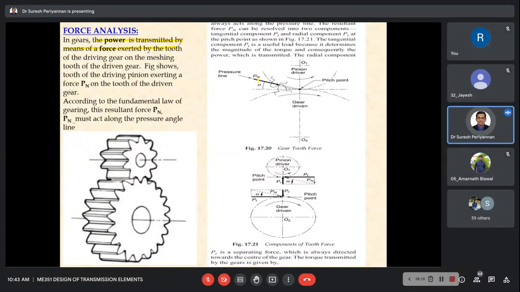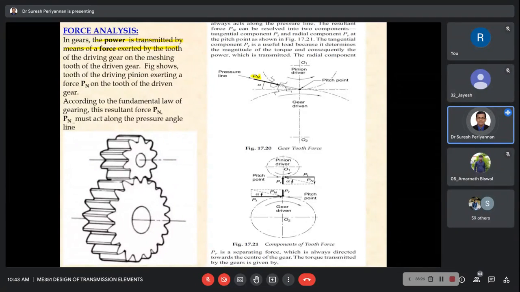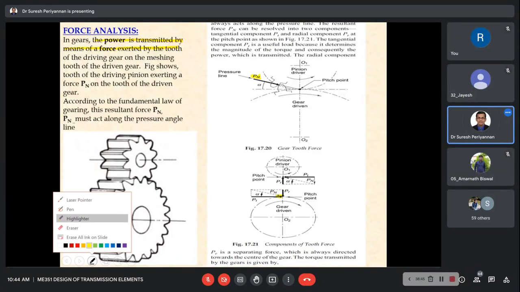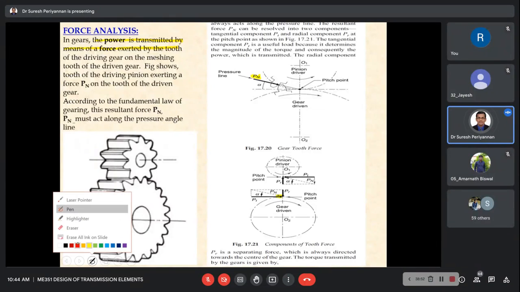Any resultant force can be resolved into two components, one vertical and one horizontal. The vertical component we consider the radial force, and the horizontal component we consider the tangential force in our gear design.